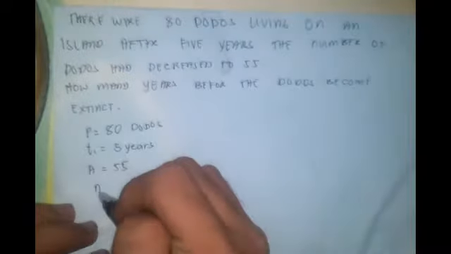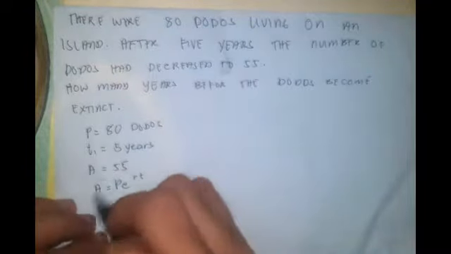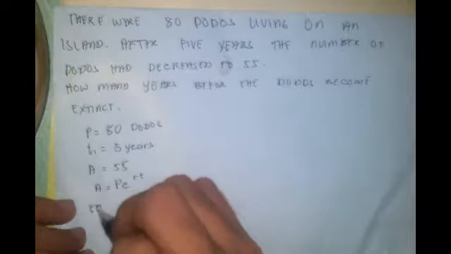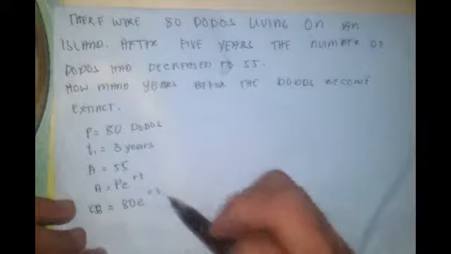So A = Pe^(rt). A is 55, so 55 = 80e^(rt).